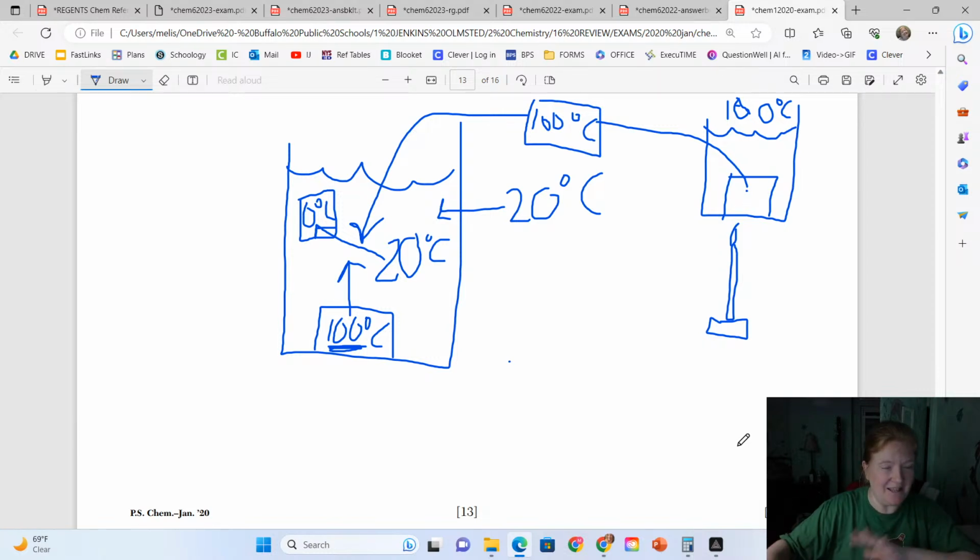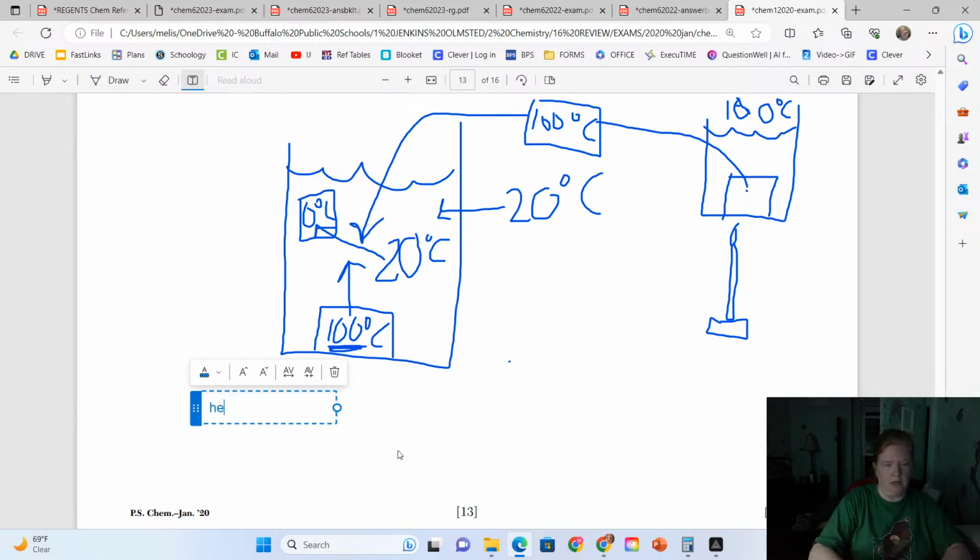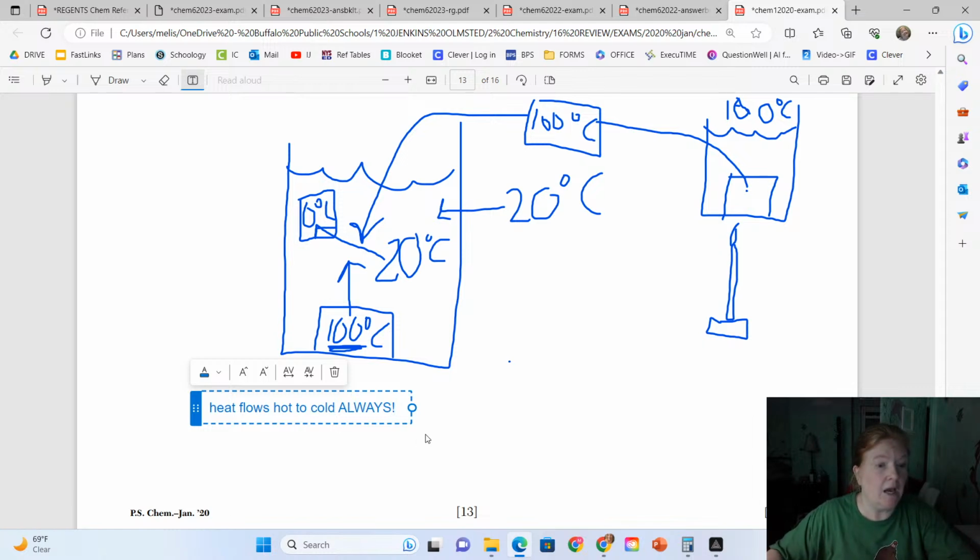That's when we get the answers and we're like, oh. No, hot to cold, not cold to hot. So I'm just going to write it here: heat flows hot to cold, always. High temperature to low temperature. High to low.